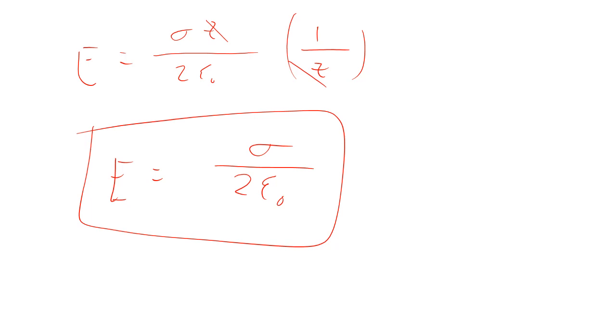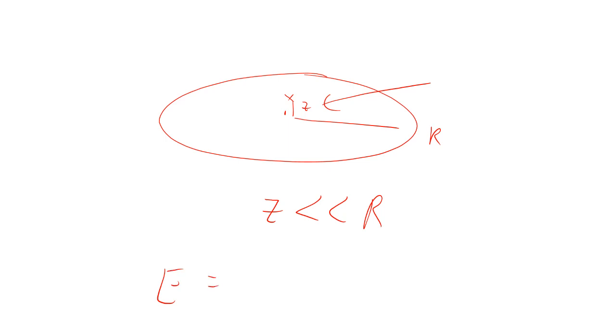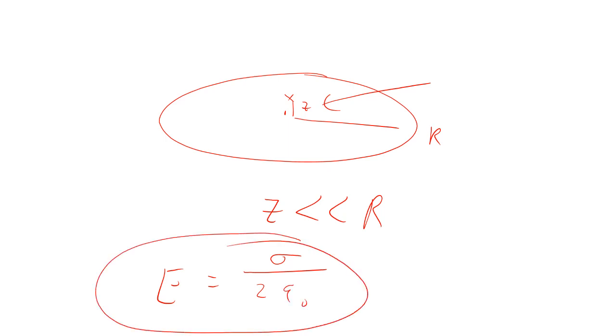Now, that's a really interesting thing, because that means for our disk, as long as z is close to the disk, in other words, as long as z is much, much less than r, the electric field is going to be approximately sigma over 2 epsilon naught. And that is a constant, because all the z's have canceled out.